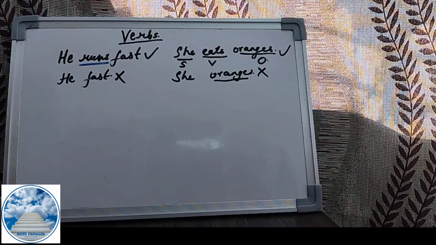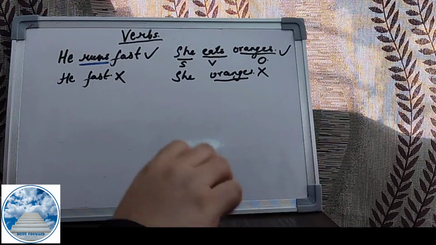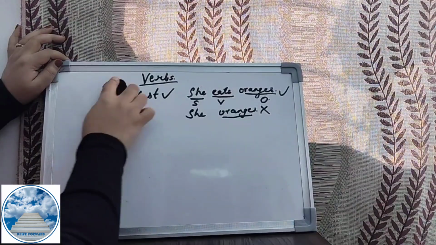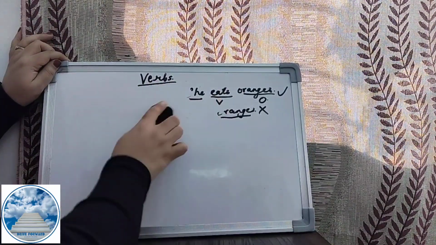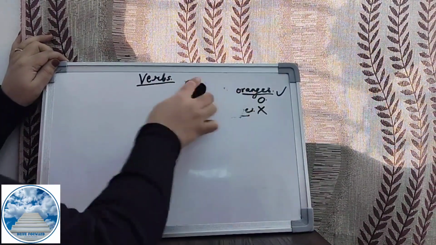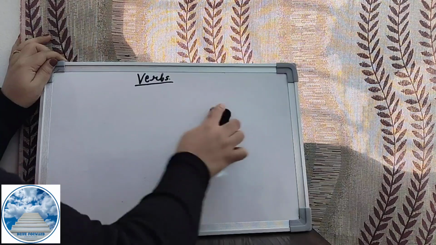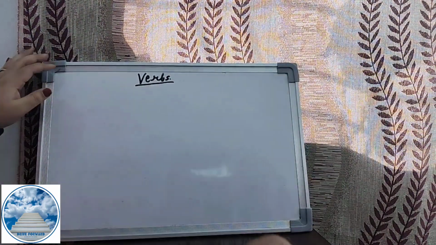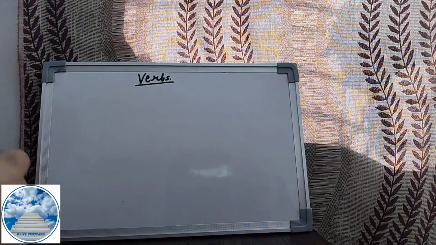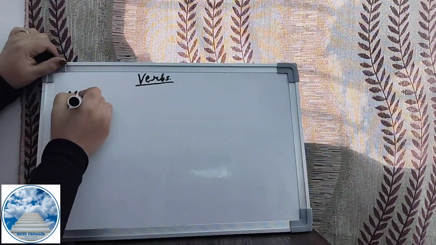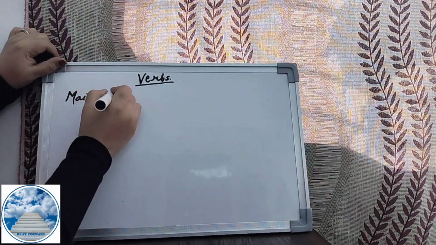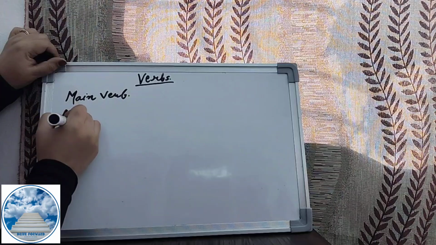Okay, friends. So now quickly I will tell you about the types of verbs and the forms of verbs. I will take only two types here, which are very important for you to know. There is a term called main verb, right, and auxiliary verb.